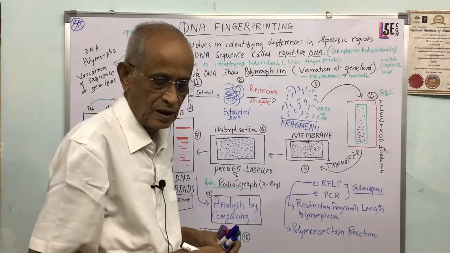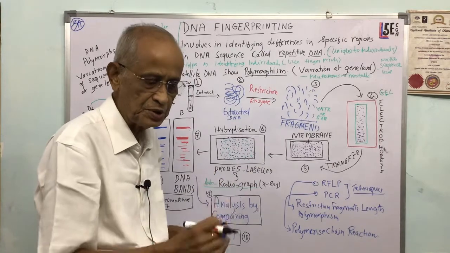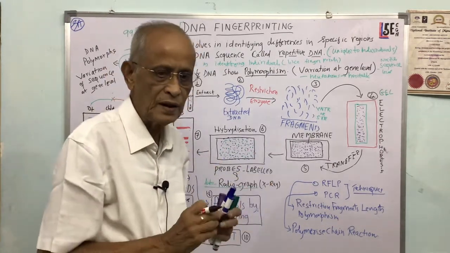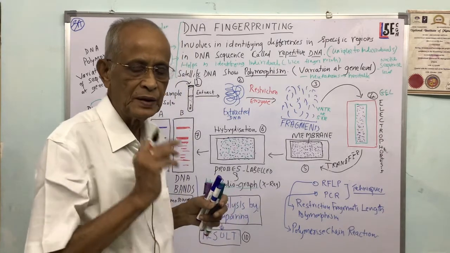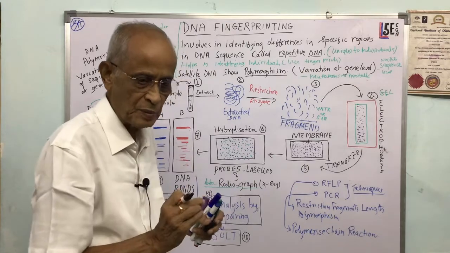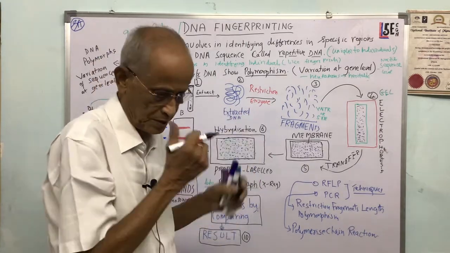That means AT and CG rich areas, and this area is non-coding. Normally the satellite DNA is concentrated in telomeres and centromeres.